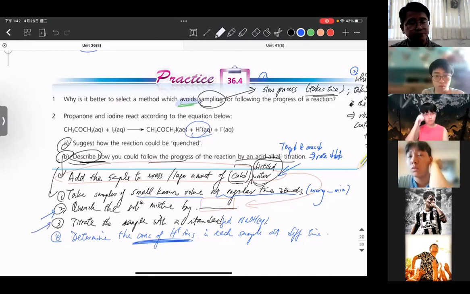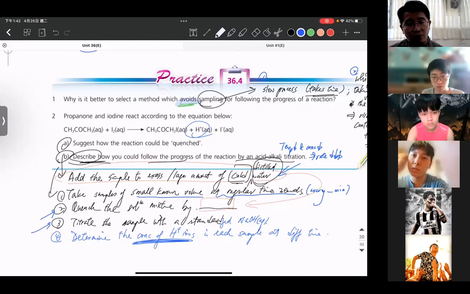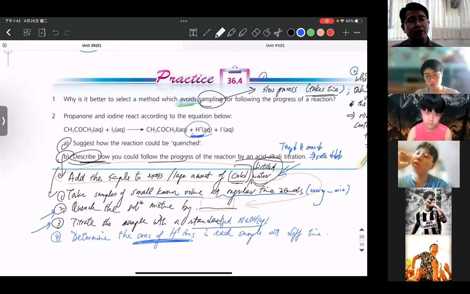How about number 3? In case I stop the reaction, I stop the sample from continuing to react, you can do the titration. Because you are going to measure the acid form. Of course, this time use alkaline on top.